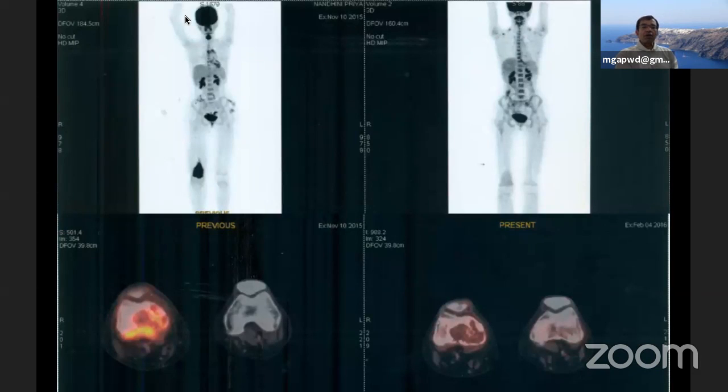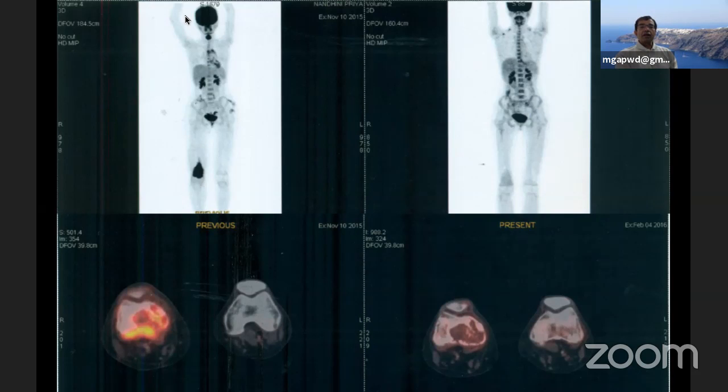This is an example of a distal femur osteosarcoma. You can see on the left the pre-chemo PET image, and on the right the post-chemo image. You can see that the metabolic activity is reduced. One has to understand that in osteosarcoma, because it produces matrix, the size of the tumor does not reduce, but the metabolic activity can reduce.